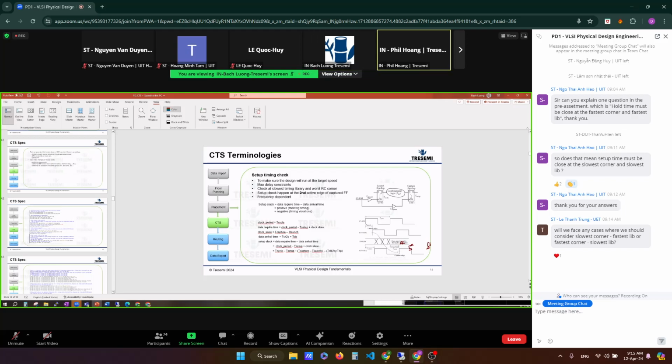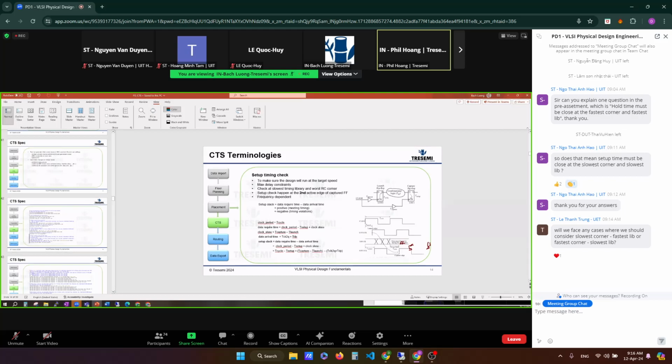Yeah, that's correct. You don't need to consider the cross cases like this when you do optimization, meaning when you do place and route. But when you sign off, certainly you need to consider all combinations: fast, slow, and every combination.